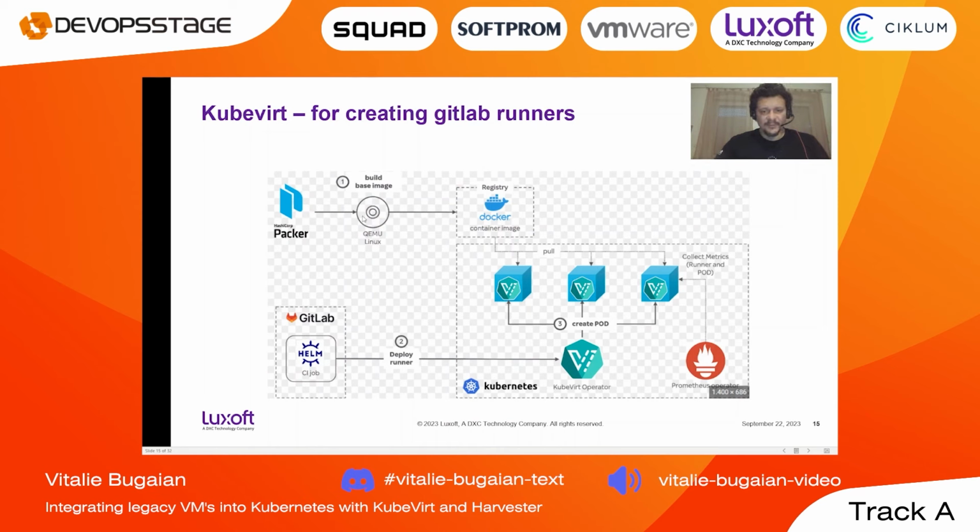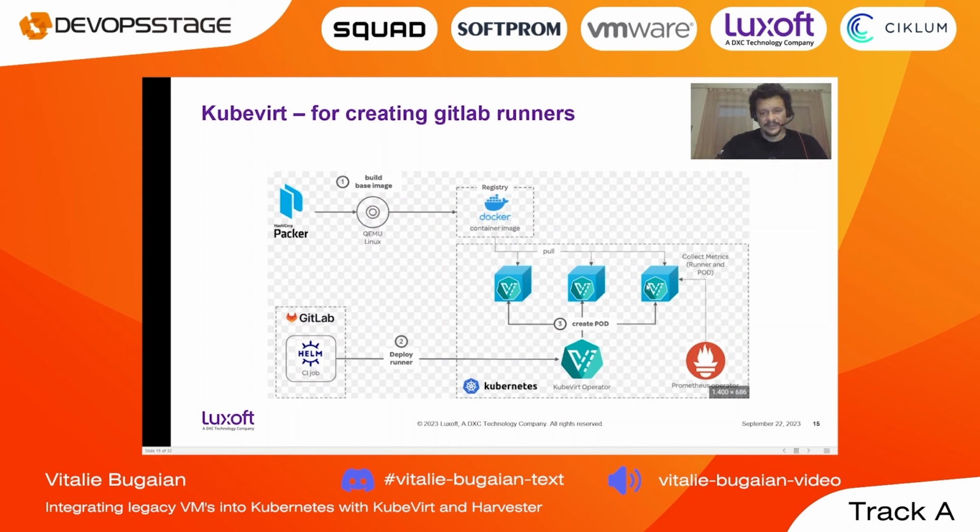You convert it to QEMU. You have all your tools inside, like NuGet, .NET, or any other tools that you need to build your software and run your pipeline. Then you push that image to a Docker registry.